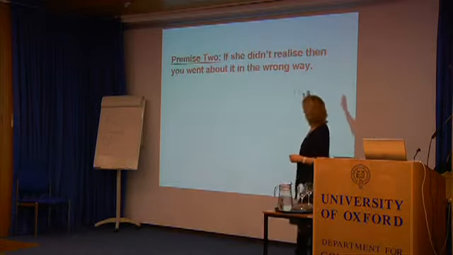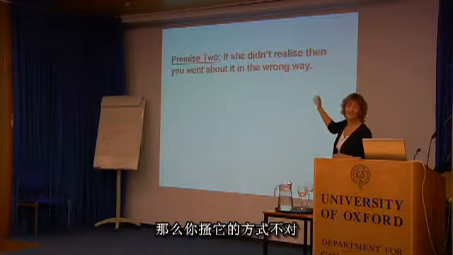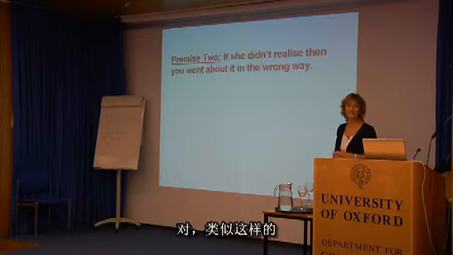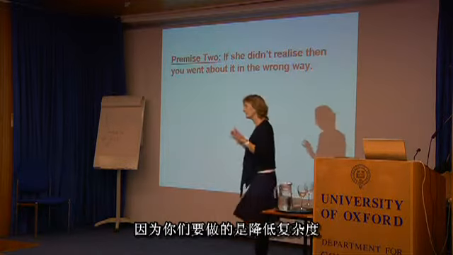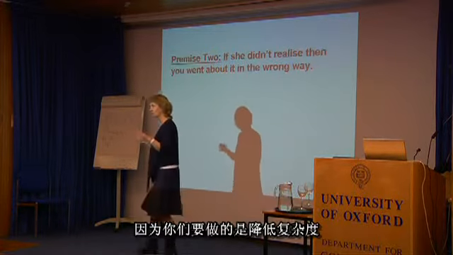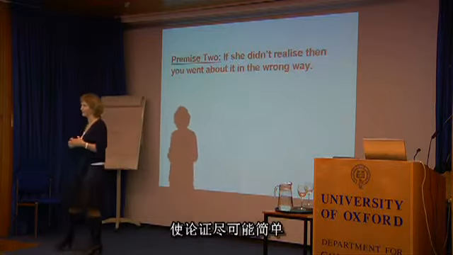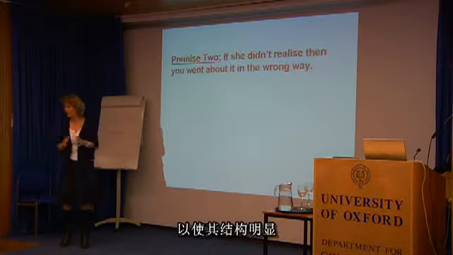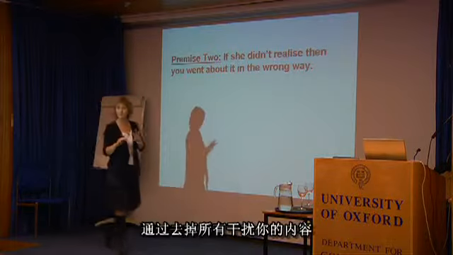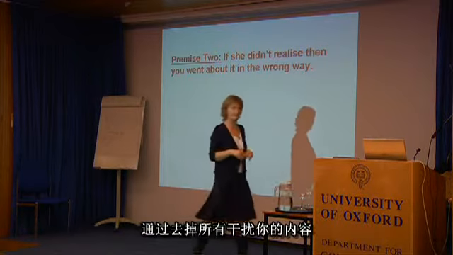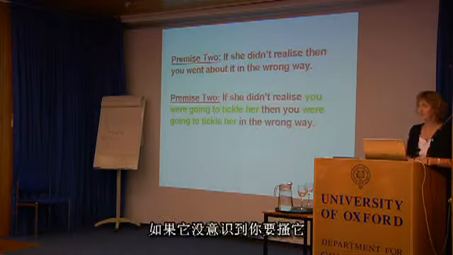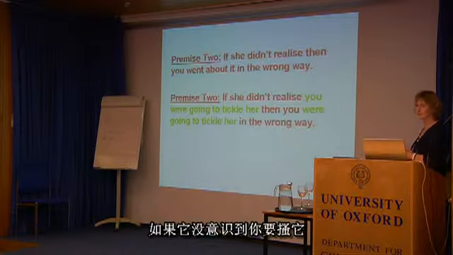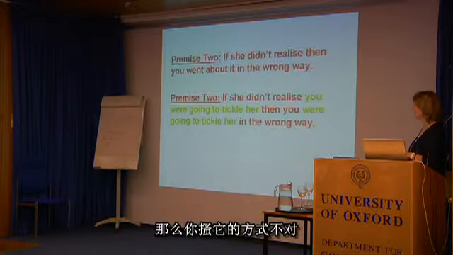Then you were going to tickle her in the wrong way. Yes, something like that. Keep it as similar as possible, because all you're doing is trying to get rid of the complications. You're trying to make it as simple as possible so as to reveal the structure of the argument, by getting rid of all the things that are just confusing you. So: if she didn't realise you were going to tickle her, then you were going to tickle her in the wrong way.